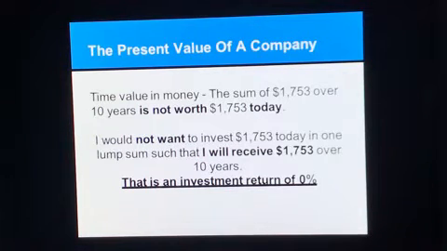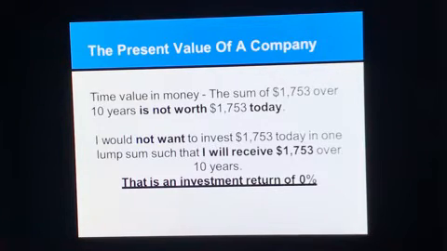Now the time value of money tells us that this sum of $1,753 over 10 years is not worth $1,753 today. Why? Because this is the accumulated amount that we can get in 10 years in the future.